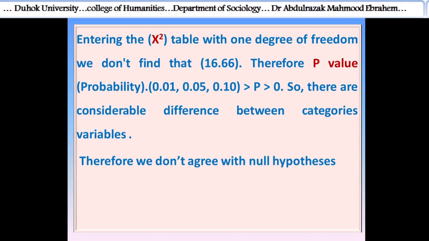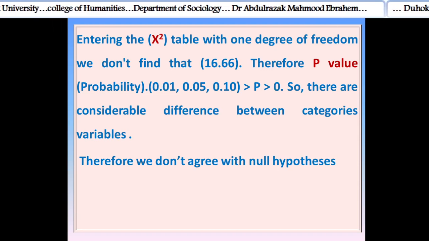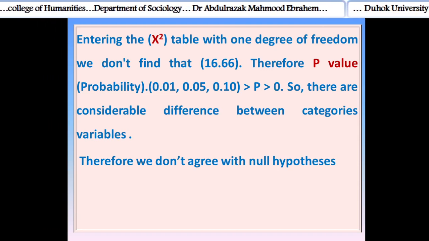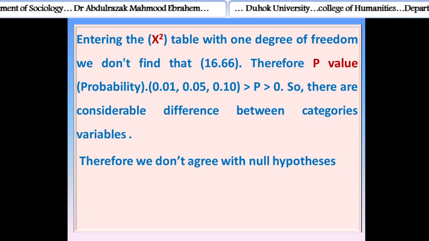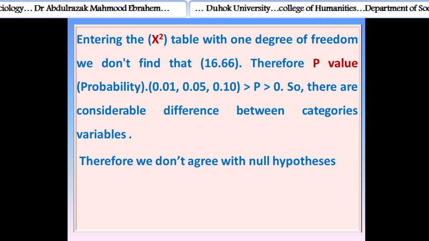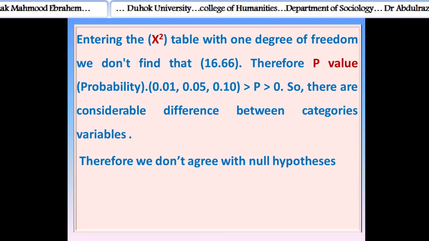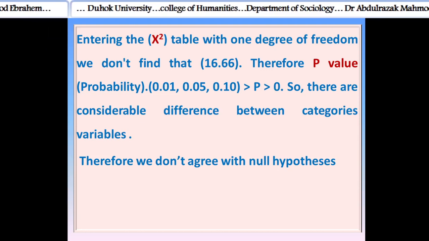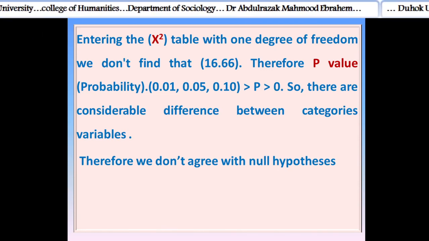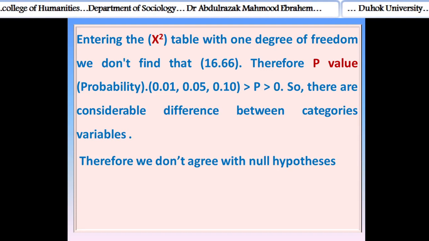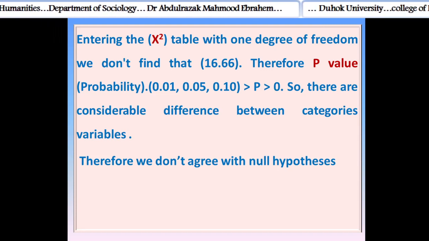Entering the chi-square table with 1 degree of freedom, we find that 60.6 is beyond the table values. Therefore, the p-value, or probability, is less than 0.01 and less than 0.05.